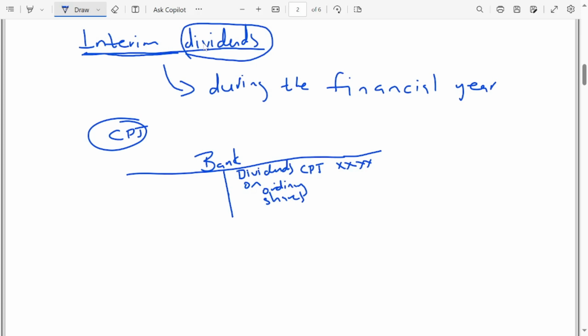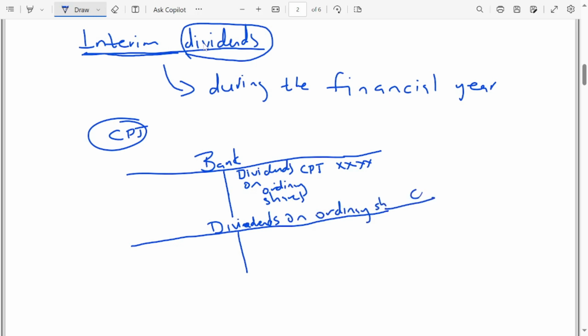Okay, so the dividends on ordinary shares, this type of account is an expense, meaning that it goes to your income statement.